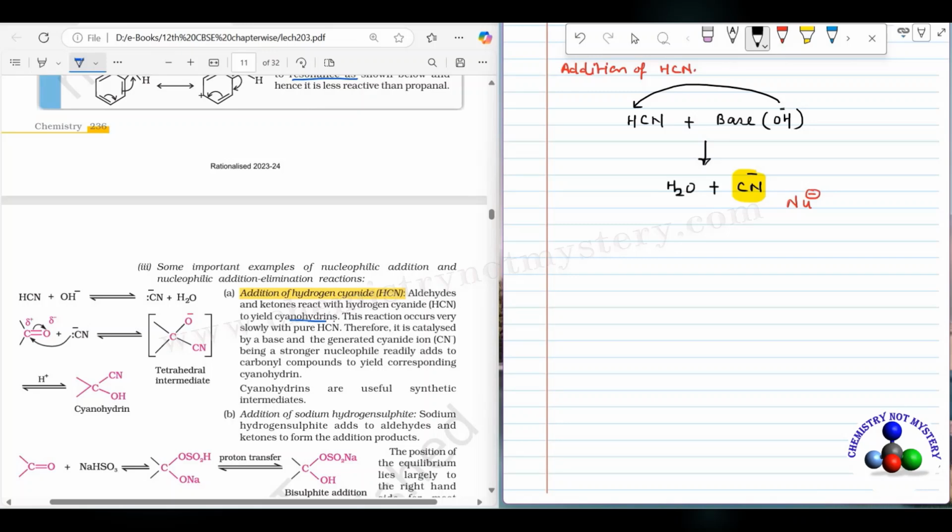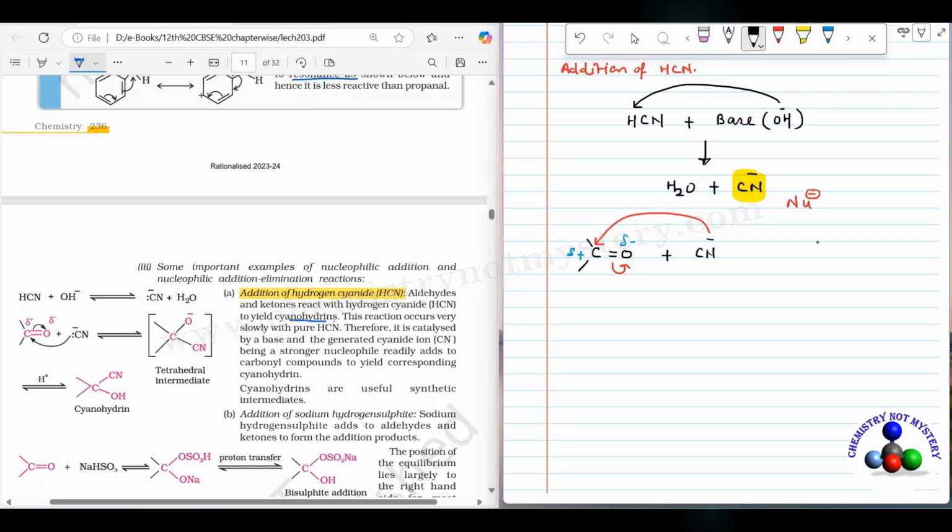Now let's add this nucleophile to the carbonyl carbon. So this is the carbonyl carbon. In this carbonyl group, carbon is electron deficient and oxygen is electron rich. So the nucleophile, which is the cyanide ion, will attack the carbonyl carbon and the pi bond moves to oxygen.